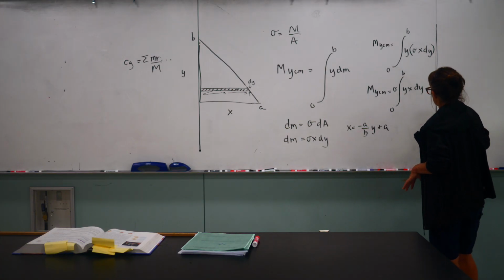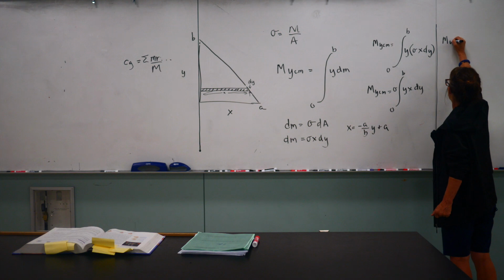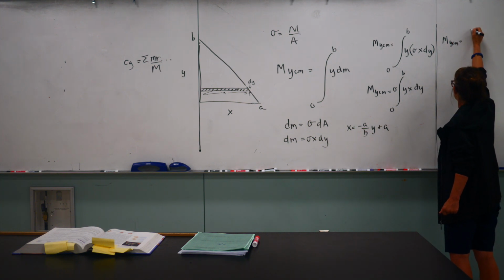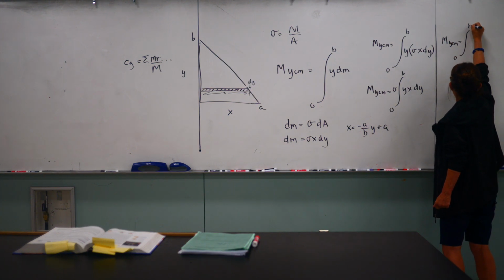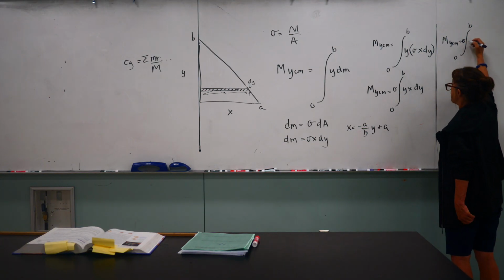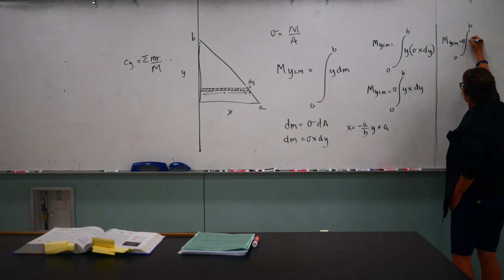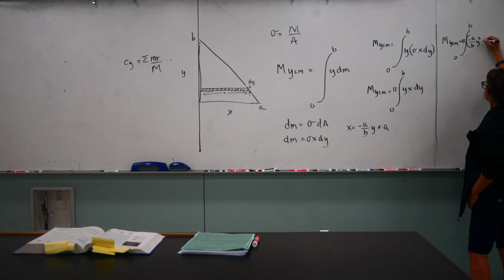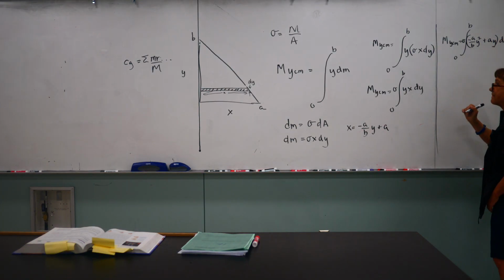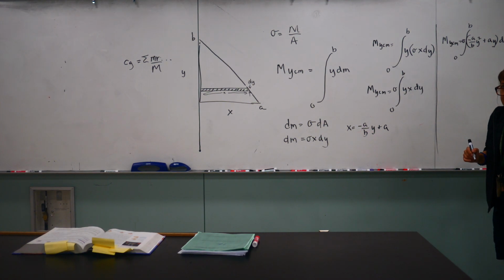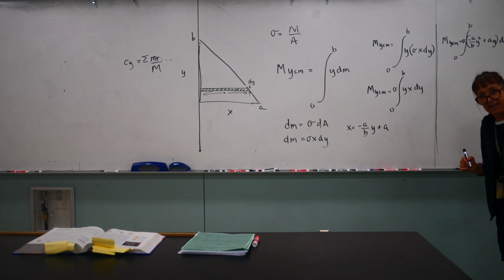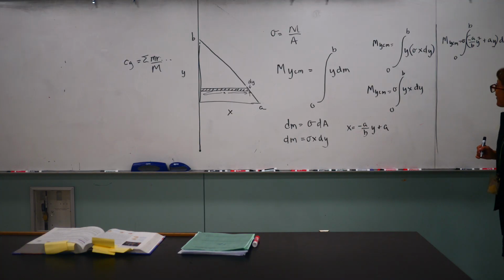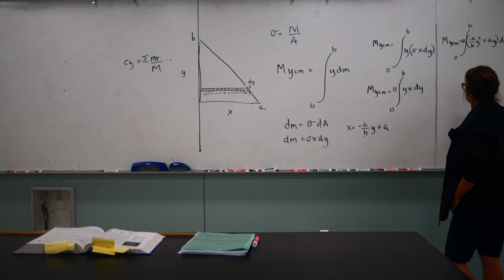Okay. So now M times y center of mass equals sigma, pulling that out, times the integral from 0 to B of negative a over b y squared plus a y dy. Did I make a mistake? Good. All right, now we integrate.